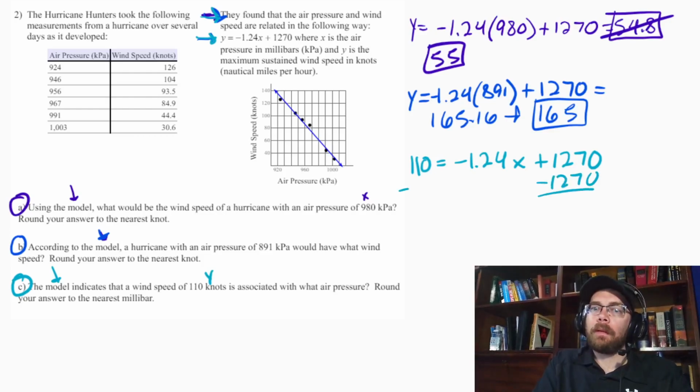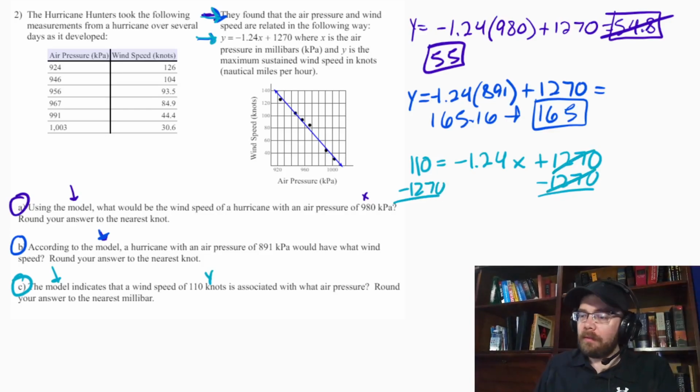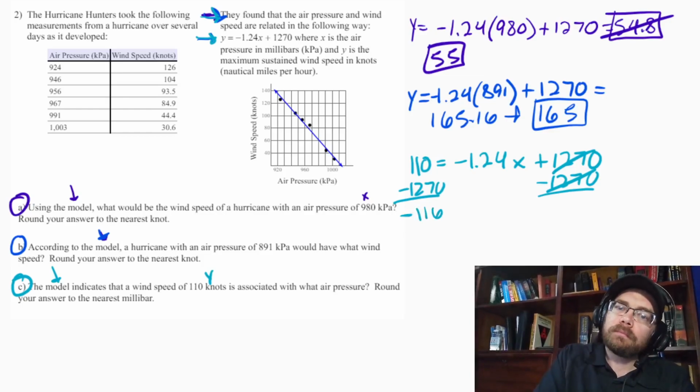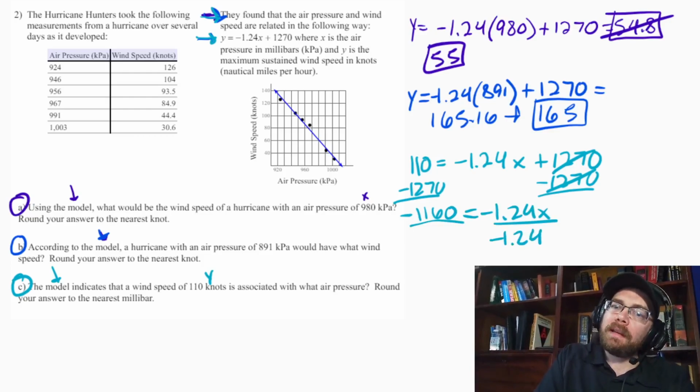So 110 minus 1270 is negative 1160. Then we want to divide by negative 1.24.